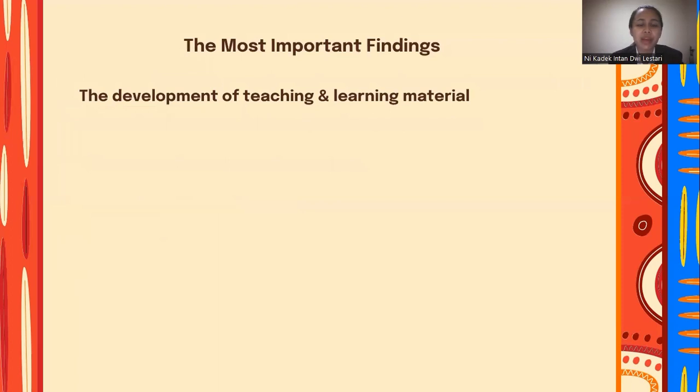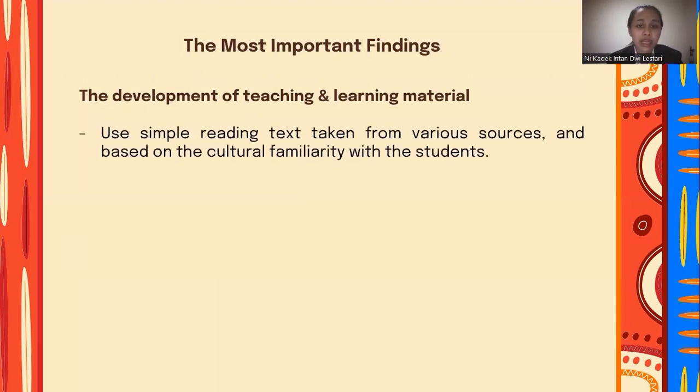And then to overcome the weakness, which is the problem of the existing material, the author developed the new material based on the needs of the students. So the first one, use simple reading text taken from various sources. The texts were selected based on their cultural familiarity with the students.